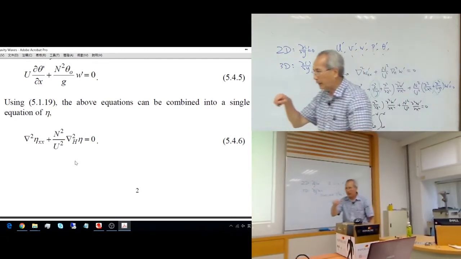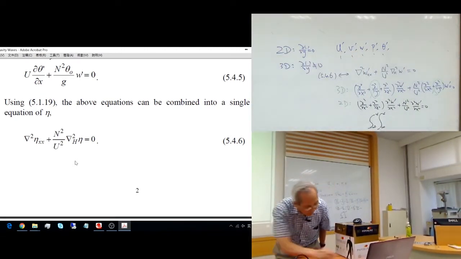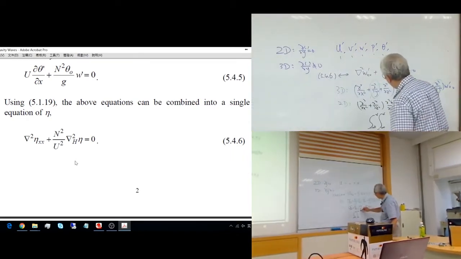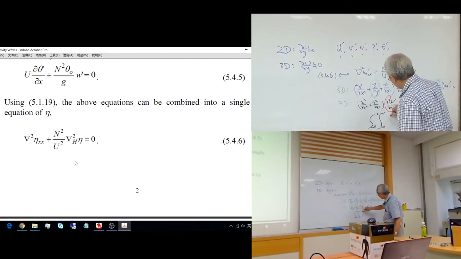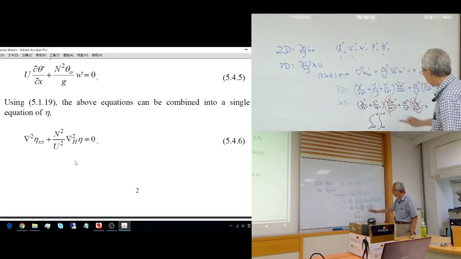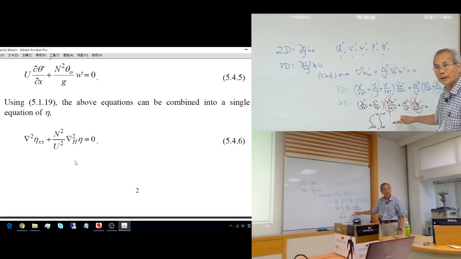Where is my red marker? Oh, here. Okay, so this one is gone, this one is gone. This is familiar, right?